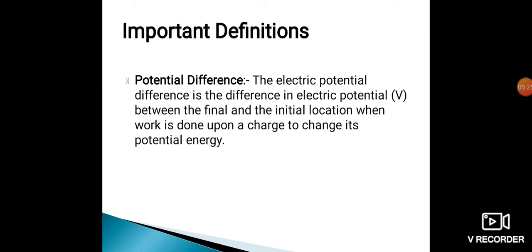So potential difference is the difference in electric potential between the final and the initial location when work is done upon a charge to change its potential energy.